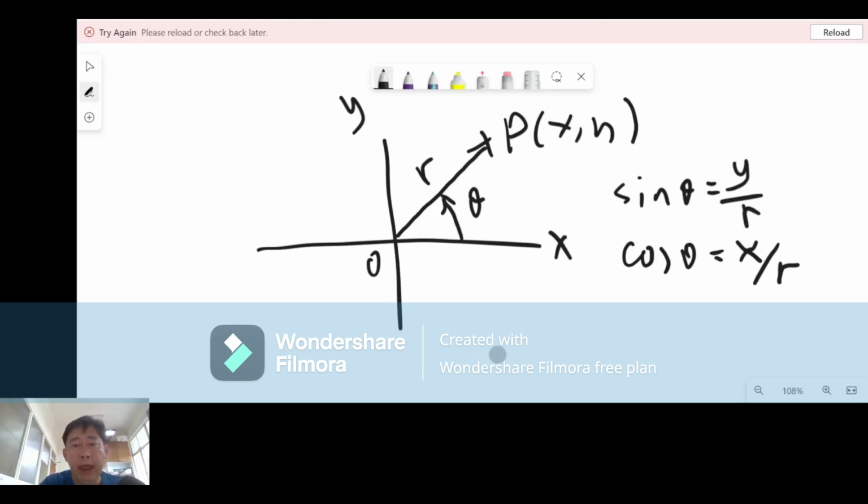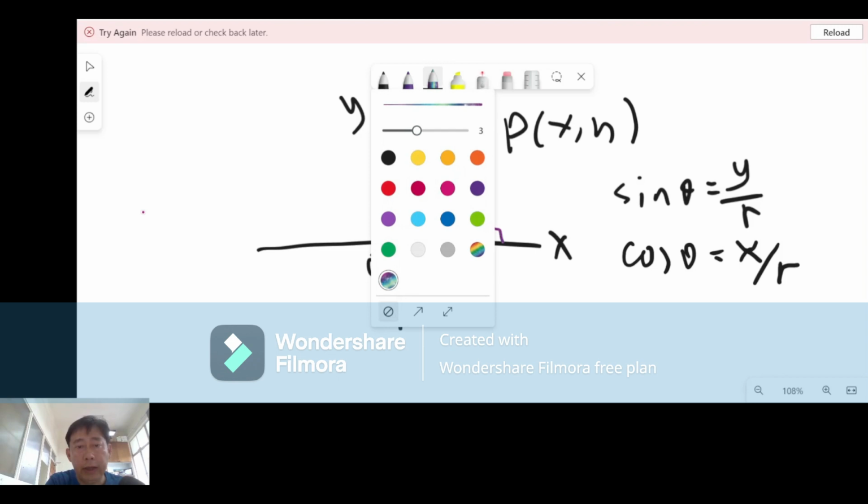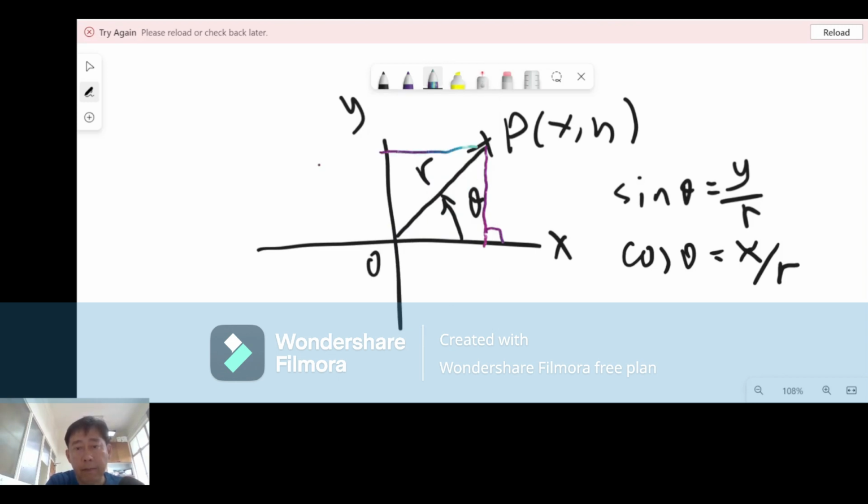So here we have a point, and you can then simply drop down a line to the horizontal axis to make 90 degrees with respect to it. Here also you can drop a line from point P to the y-axis. Then it is quite obvious that if you look at this triangle alone, this is a right triangle.